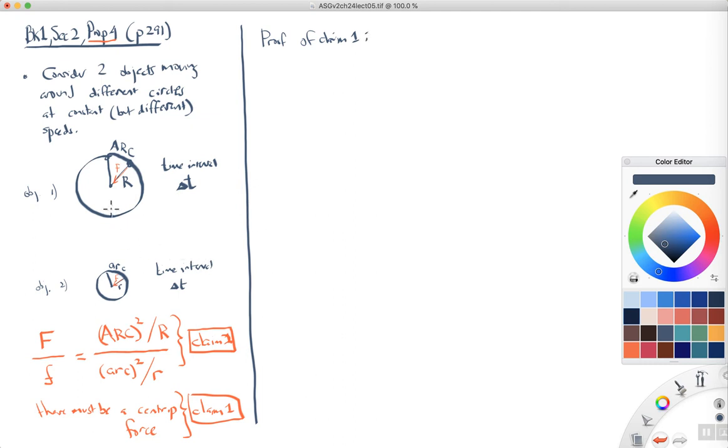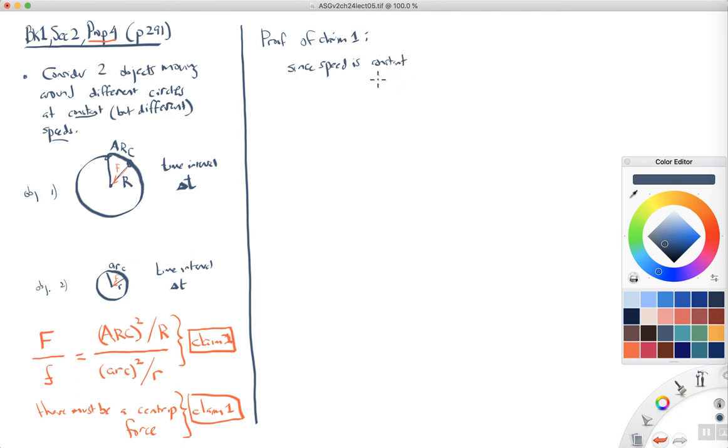He says, if you're thinking about an object going around in a circle, and they're each going at constant speeds, since the speed is constant, that is, it's not speeding up and slowing down and speeding up and slowing down.